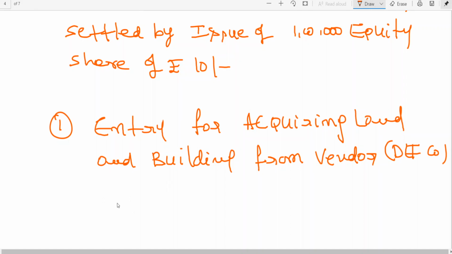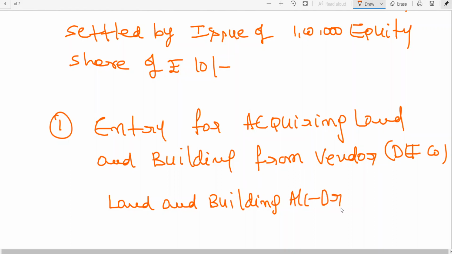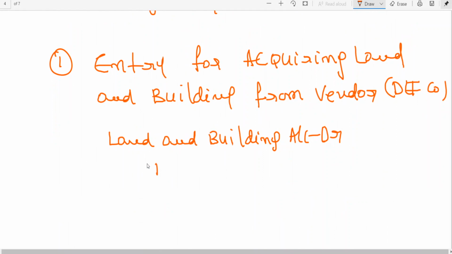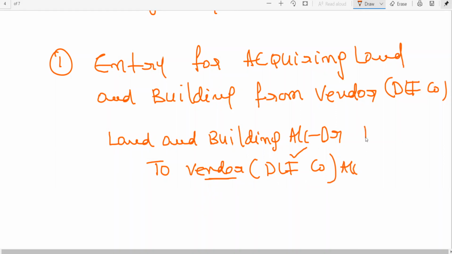DLF company. Entry: Land and buildings account debit to vendor account, 10 lakhs. To understand that I am writing vendor, you should use the term DLF only.